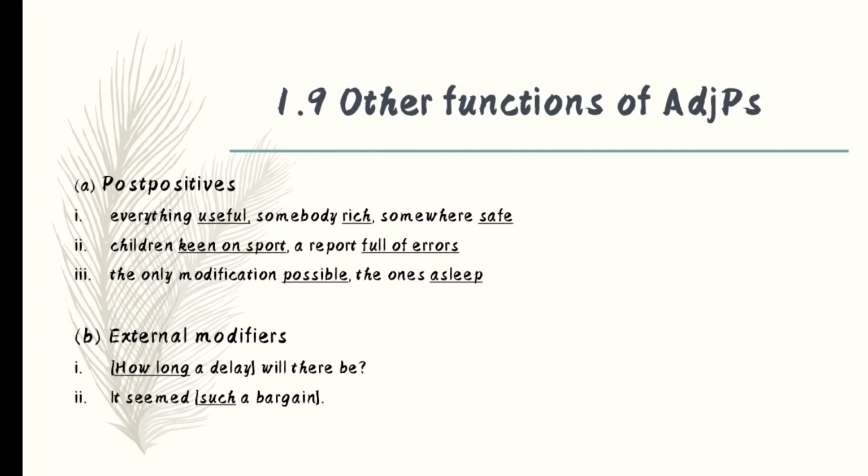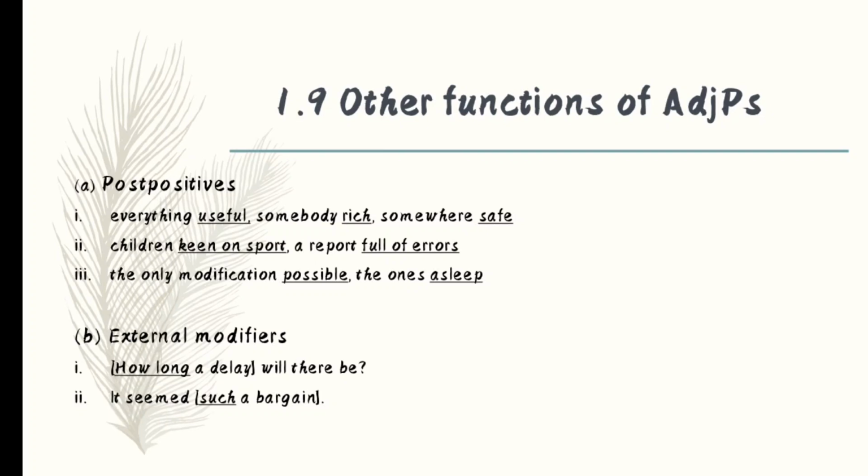For example, "somebody rich." Rich is an adjective and somebody is a pronoun. Because "rich" is placed after the pronoun and modifies it, it is called post-positive. The second example is children keen on sport, a report full of errors, and so on.